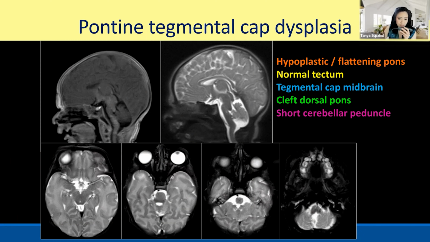So it's hypoplasia of the pons and the midbrain trying to mimic the tectum, making a cap to cover the pons. But you got the findings of abnormal pons and abnormal midbrain and maybe something abnormal for the posterior fossa. Yep, agree. Good job.